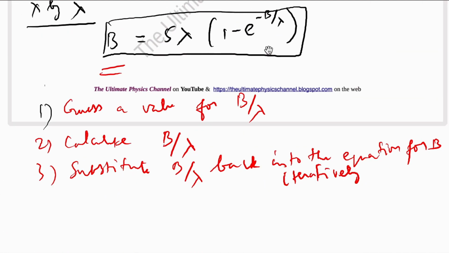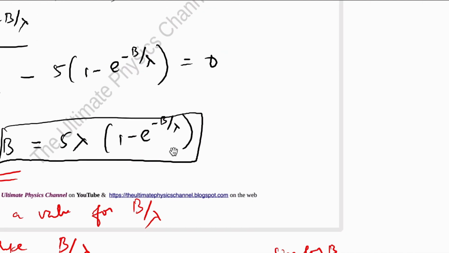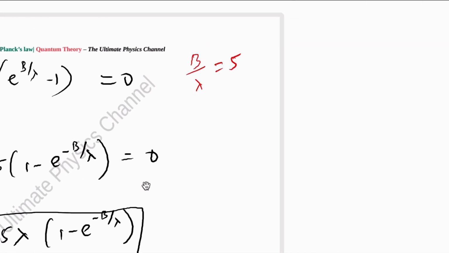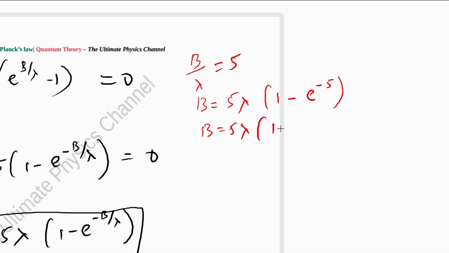If I substitute b over lambda as 5 in this equation, I would get b is equal to 5 lambda times 1 minus e power minus 5, right?